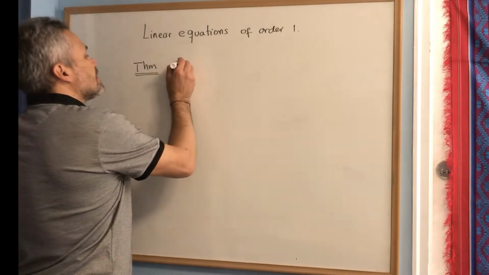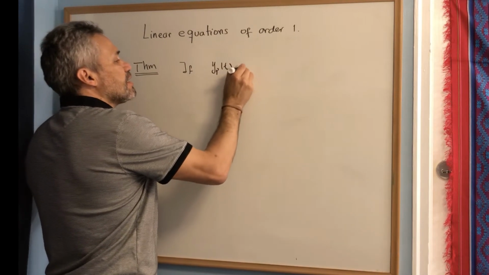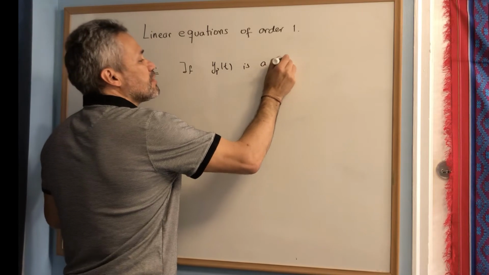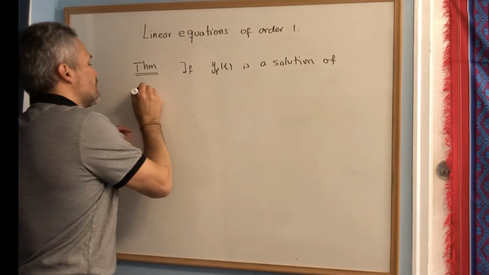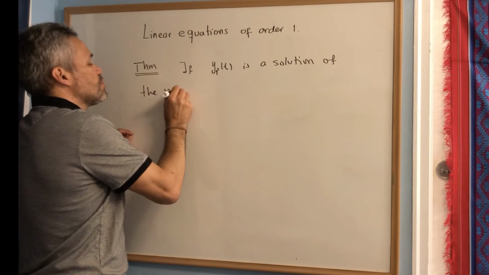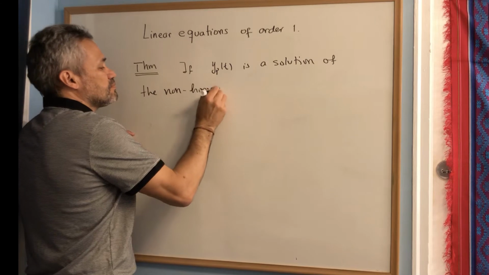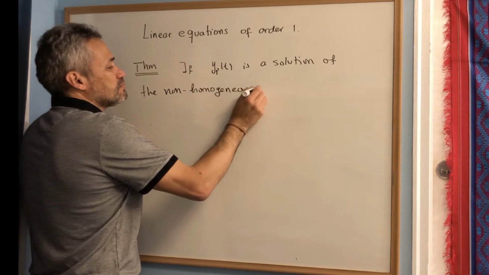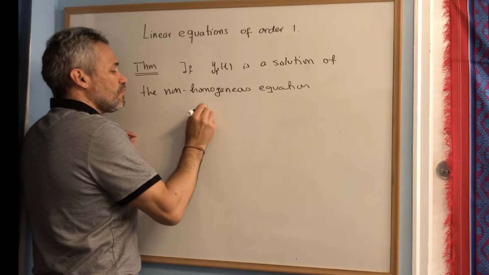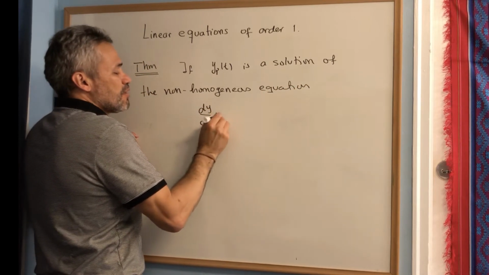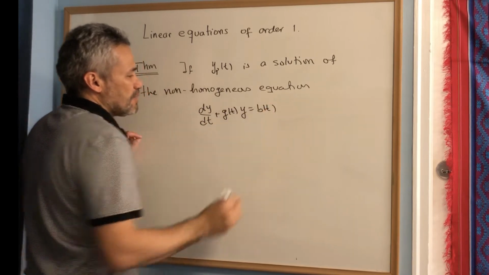It says that if y_p(t) is a solution of the non-homogeneous equation dy/dt plus g(t) times y equals b(t).